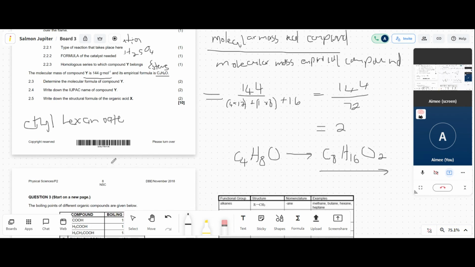You go to carboxylic acid, and this is your functional group that you're working with here. Okay? This is your functional group. So this has to appear on your structural formula. Okay?